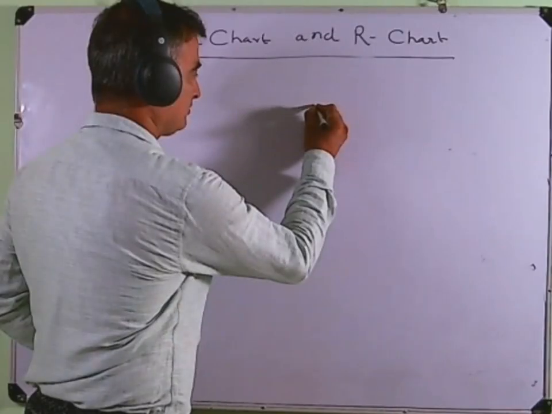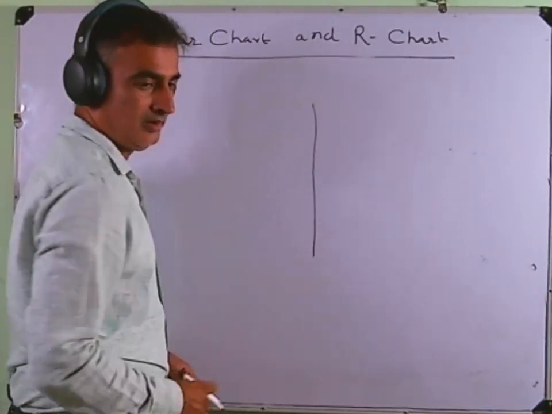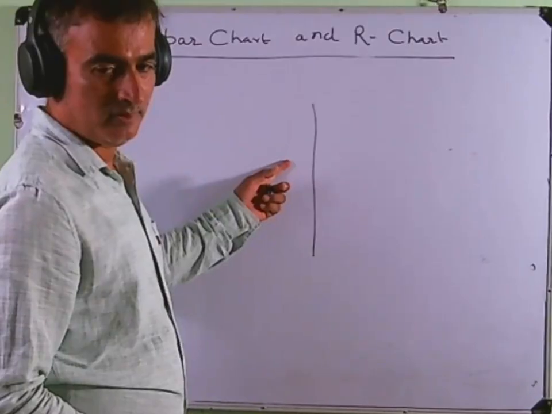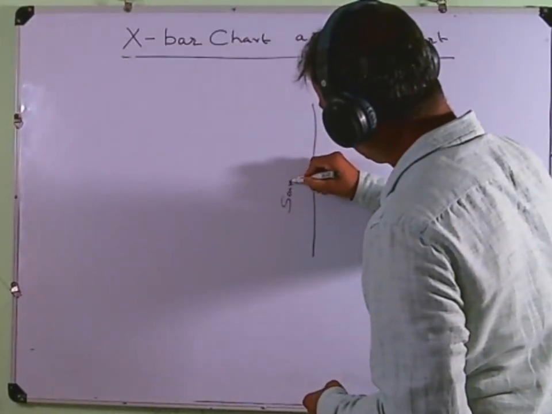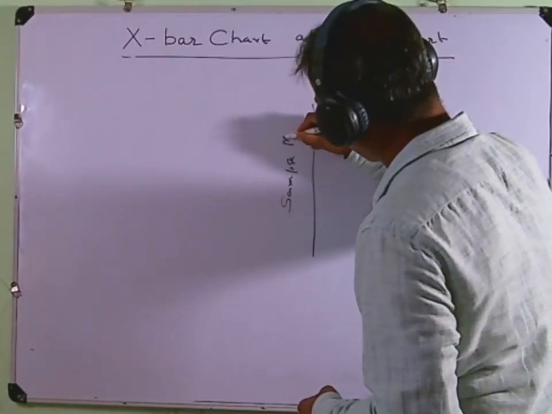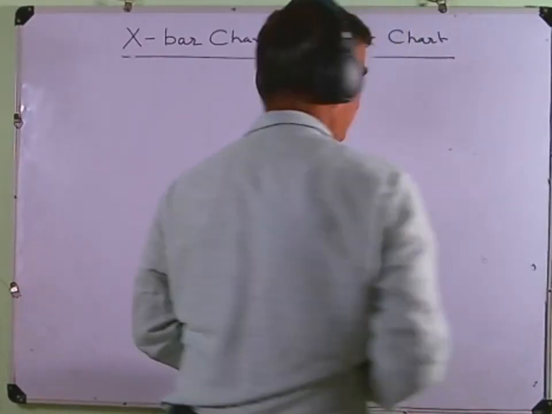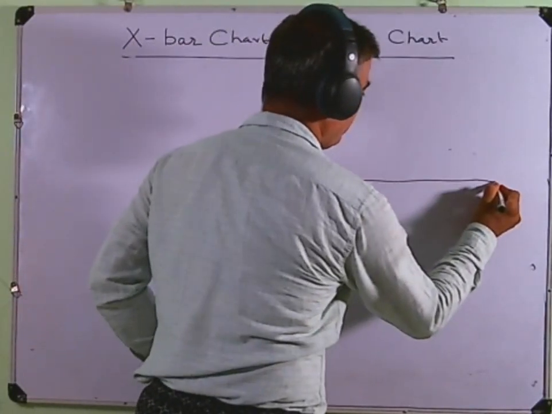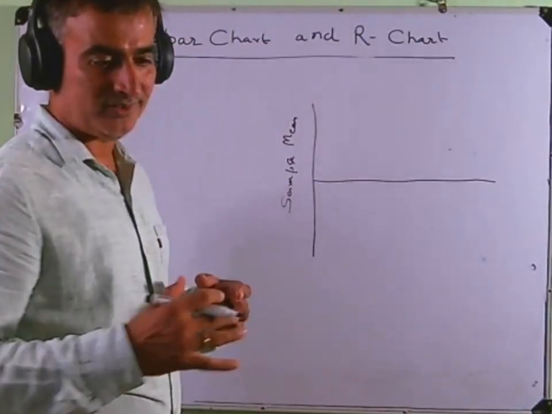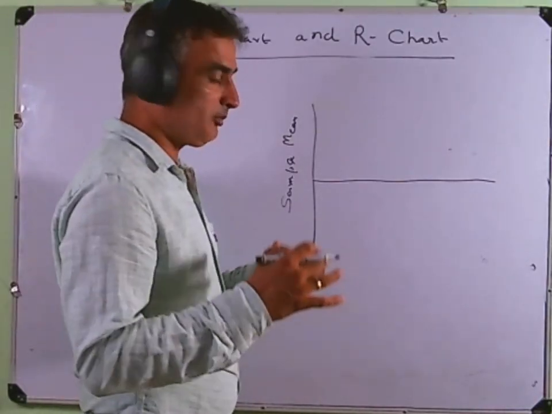The X bar chart looks like this. This would measure the sample mean. And this line is called the process mean. That means the population mean.